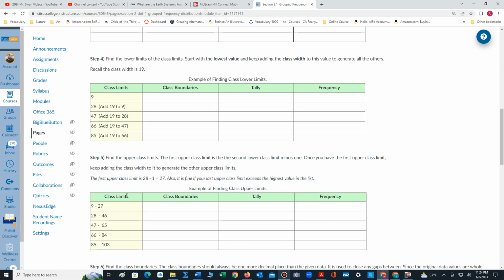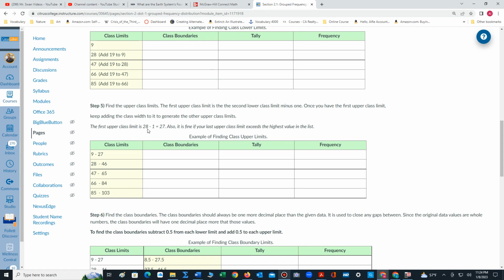Now we need to find the upper class limits. Well, the first upper class limit is found by taking the second lower class limit, 28, and subtracting 1 from it to get 27. So the first class are all the values between 9 and 27. Now, to generate the other upper limits, we just continuously add 19.